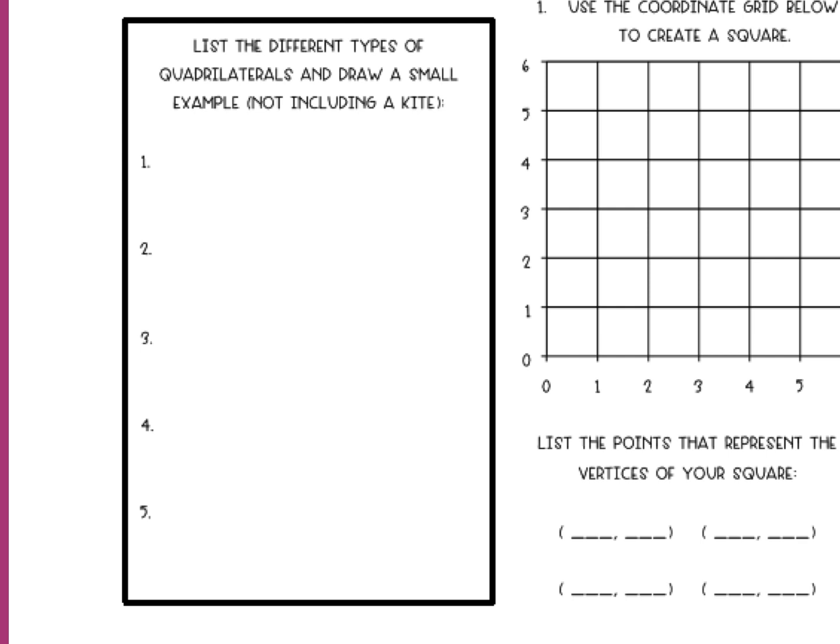Vanity, can you name one? Do you know one now, John? Rhombus. What is a rhombus? What does a rhombus look like? It looks like a what? Tilted square. A tilted square.